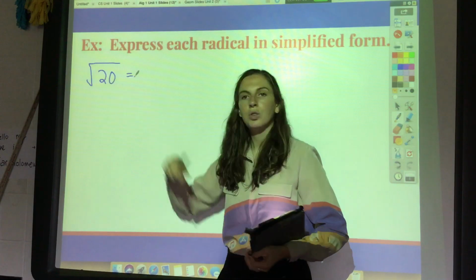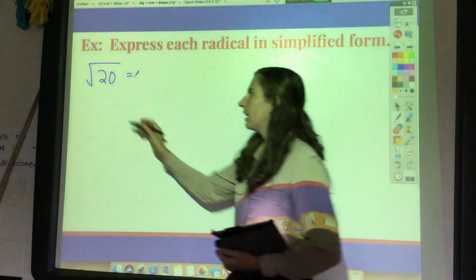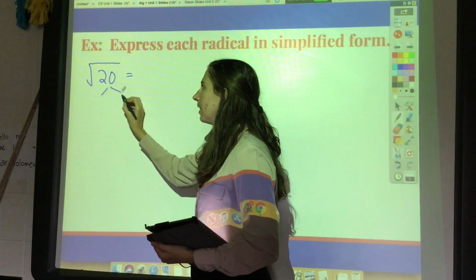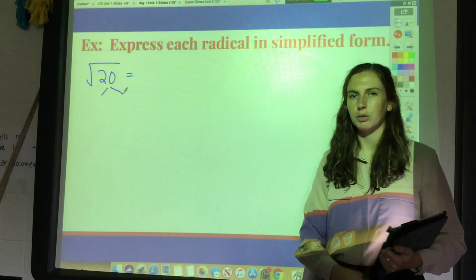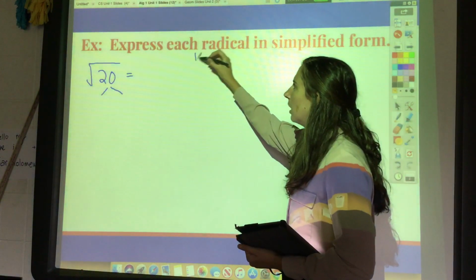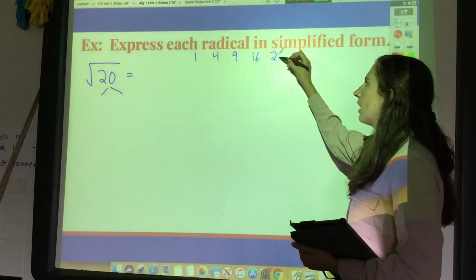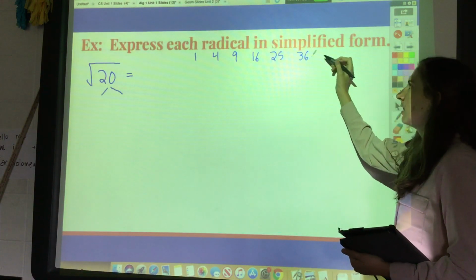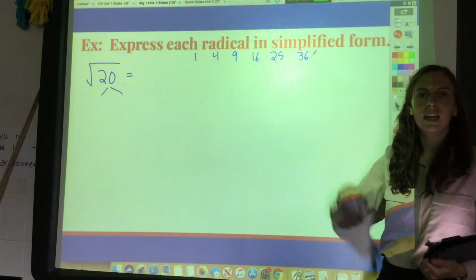So 20 doesn't square root evenly, but what we could do is split 20 into maybe something that does square root evenly. For example, the things that square root evenly would be 1, 4, 9, 16, 25, 36, and so on, because this is 1 squared, 2 squared, 3 squared, 4 squared, and so on.